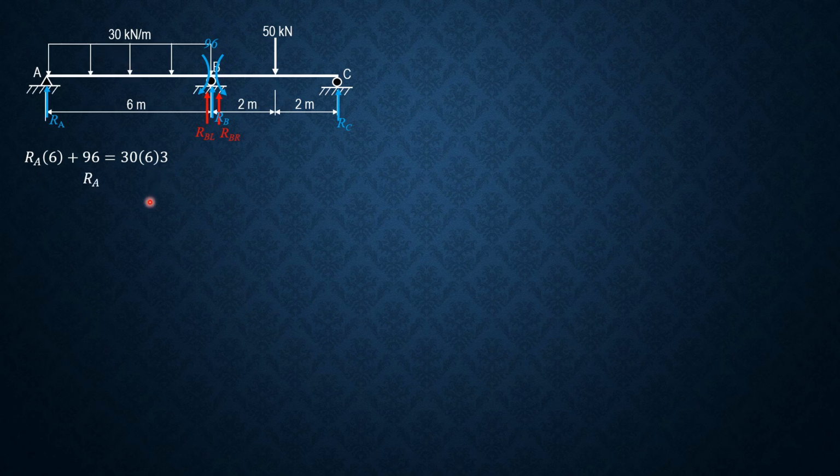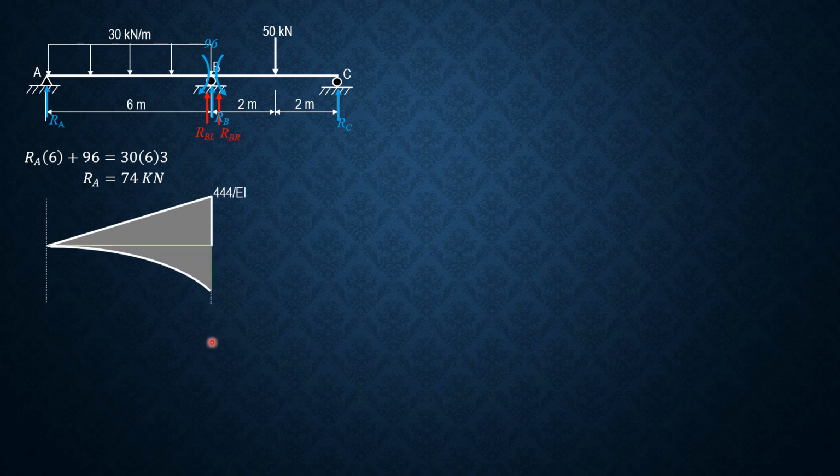So RA is 74 as before. Then we draw the moment diagram by parts. So RA 74 times 6, that's 444 over EI. And the moment of the load, 30 times 6 times 3, second degree, that would be 540 over EI.